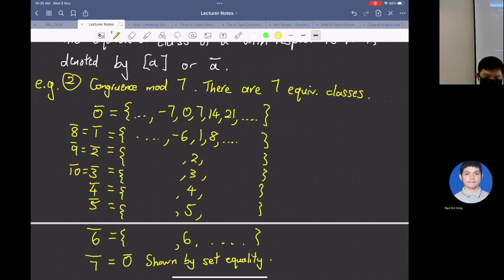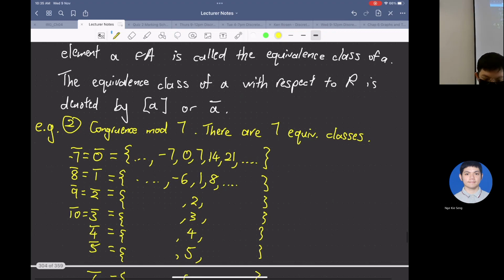You can see that even though the elements here are different, the set is the same. So we call 8 and 1 representatives. You can pick any representative from the set. For example, the equivalence class of 0 is the same as the equivalence class of negative 7.